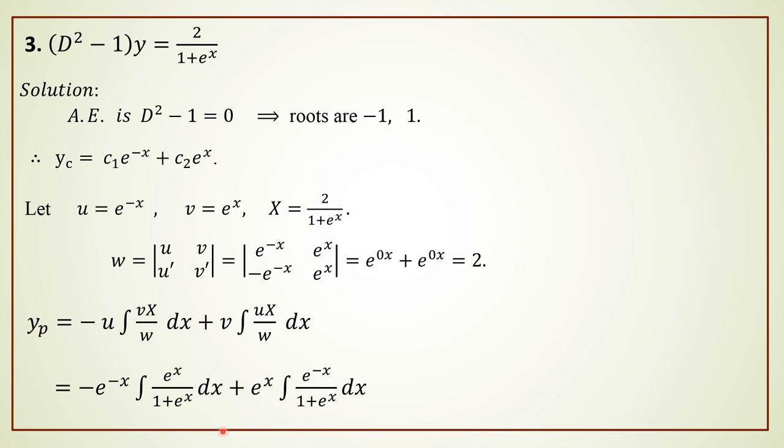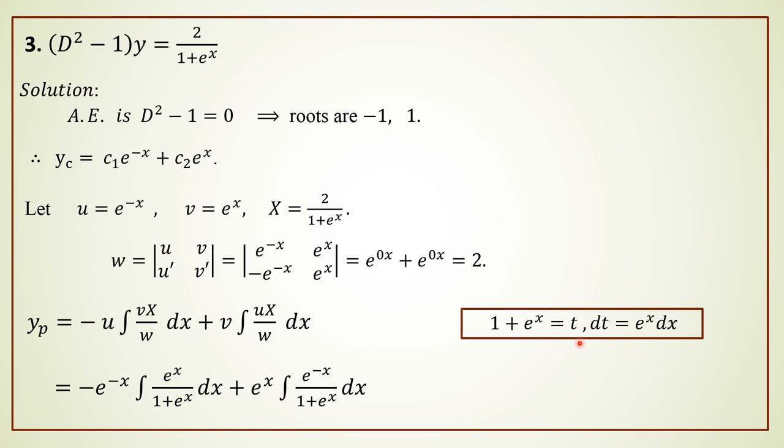Over here I am going to solve the first integral by substitution. By substituting 1 plus e^x is equal to t, so that dt is equal to e^x dx. Hence the first integral reduces to the form minus e^(minus x) into the integration of dt by t, plus e^x into, let me just simplify the second integral over here.